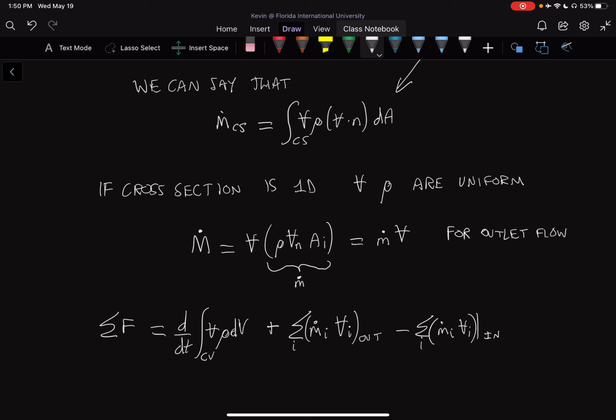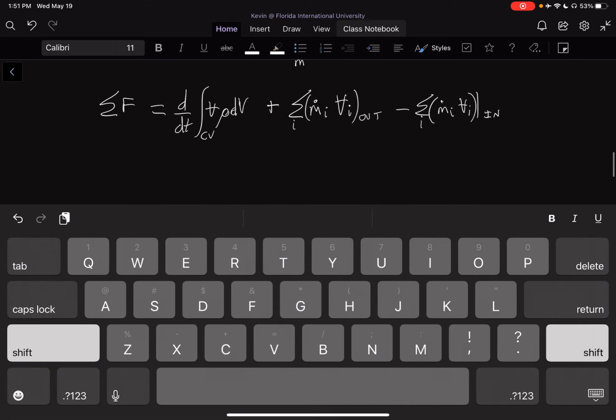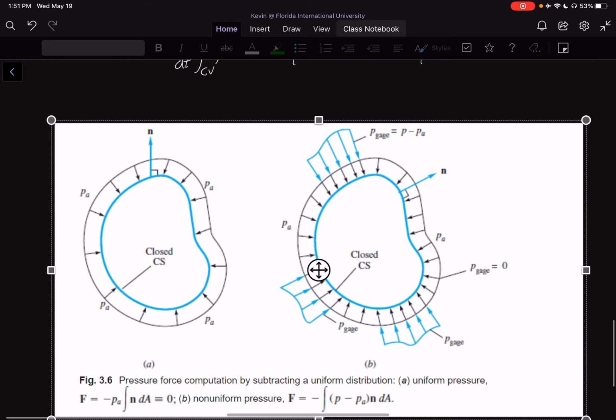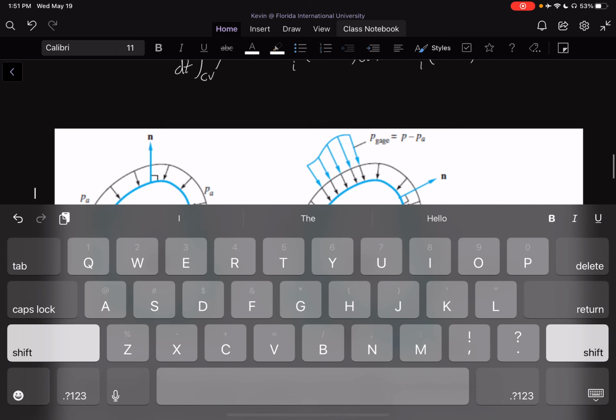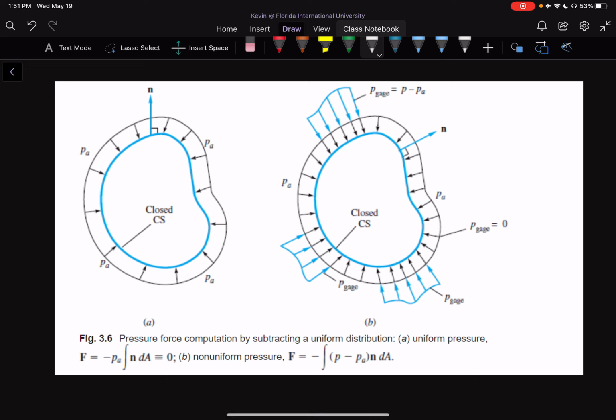We can get a much simpler equation. Now, there's an extra little thing that we can do with this equation that makes it a lot easier to use in general when we're looking at what's happening with pressure in a system. So I'm copying over a diagram where we can see the pressure force on the system and how we can apply pressure to the force.